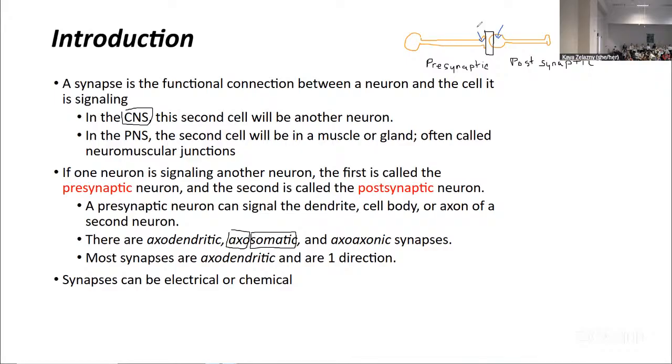But if you had that presynaptic neuron and its axon terminal talking to a dendrite, axodendritic synapse. If you had that axon terminal of the presynaptic neuron synapsing like somewhere down here, that came in kind of from the side, that would be an axoaxon synapse. Most synapses are axodendritic. Most of them just have communication in one direction, so from presynaptic neuron to postsynaptic neuron.